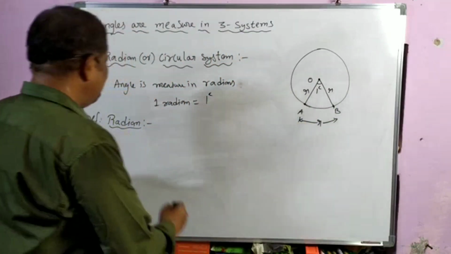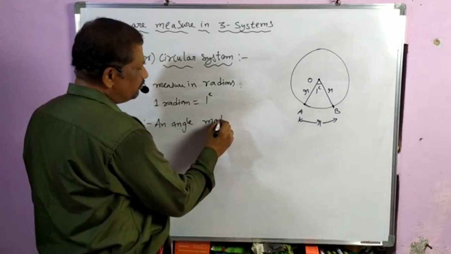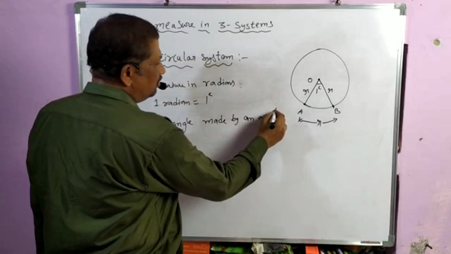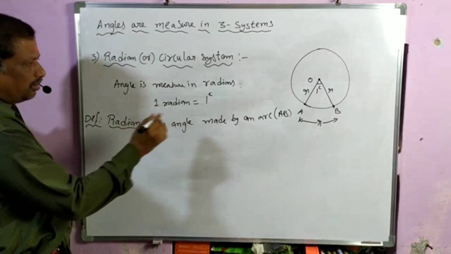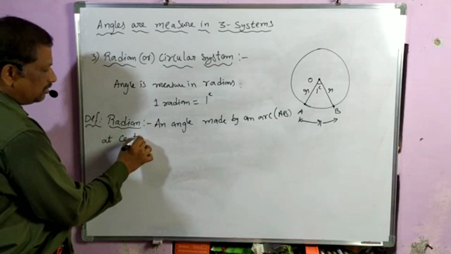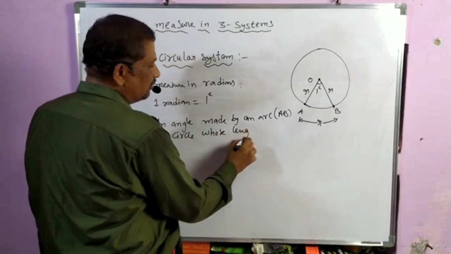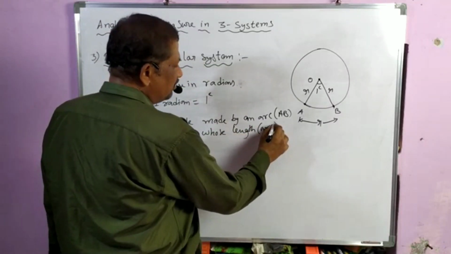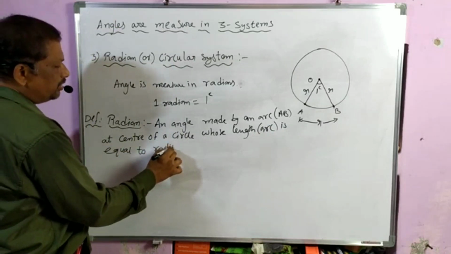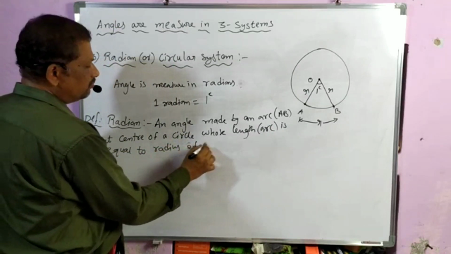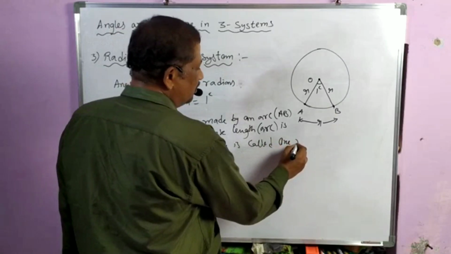Is it clear? So an angle subtended or made by an arc, here we took arc AB, made by an arc at the center of a circle whose arc length is equal to the radius of the same circle, that angle is called 1 radian.